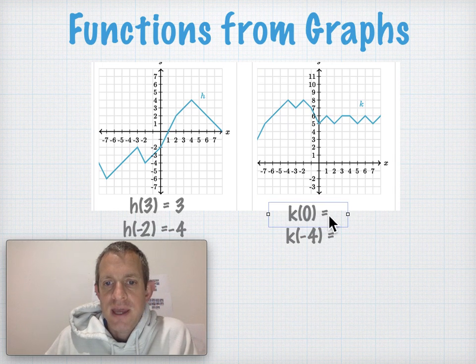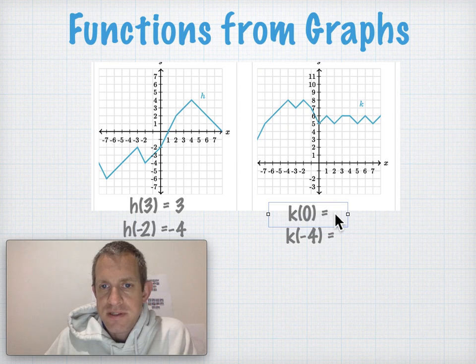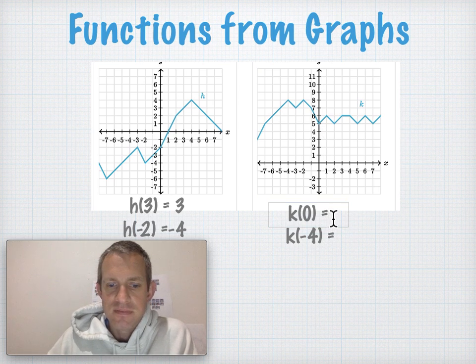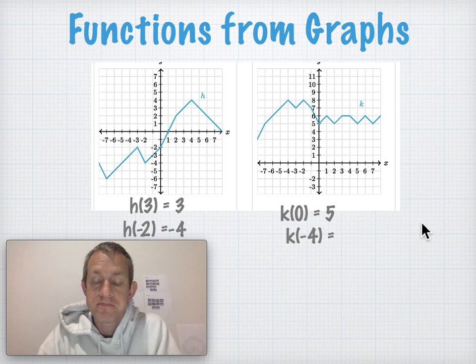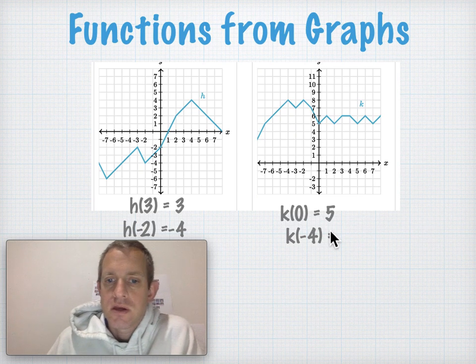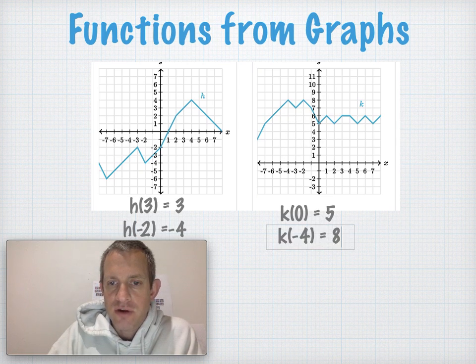Over here, k of 0, k is this graph, and this time when we plug in a 0 for x, we get out a y-coordinate of 5. If you want to try the last one, go ahead and hit pause. Negative 4 for an x-coordinate gives us a y-coordinate of 8. So we would say k of negative 4 equals 8.